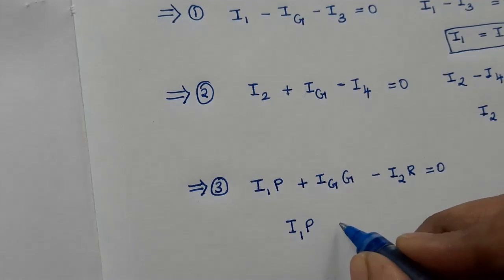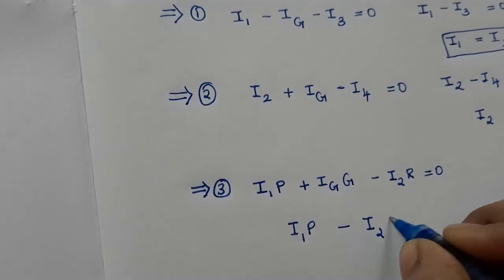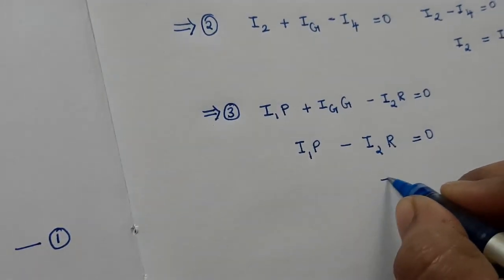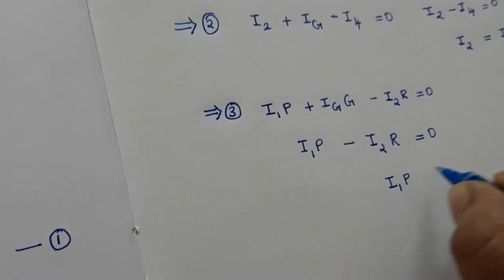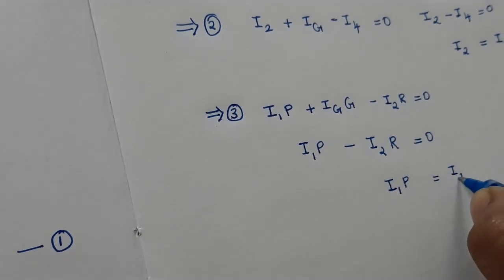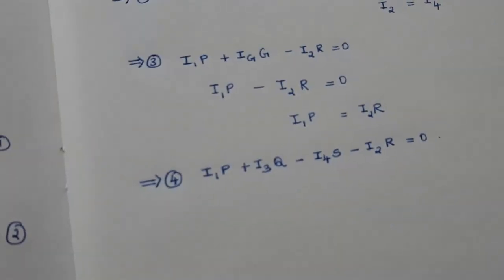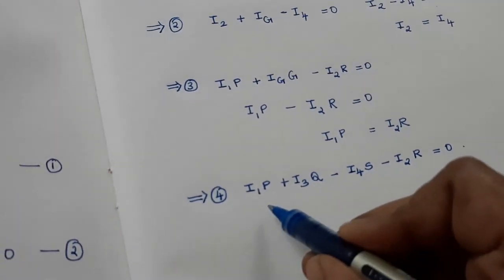So we get I1P minus I2R equal to 0, or we can write I1P is equal to I2R. This is our fourth equation.